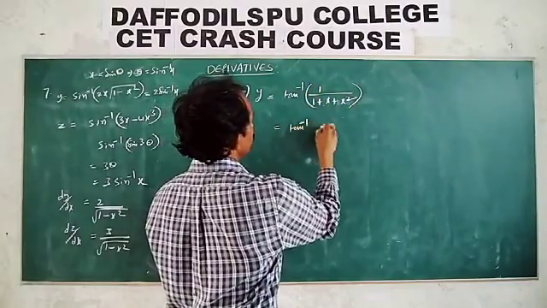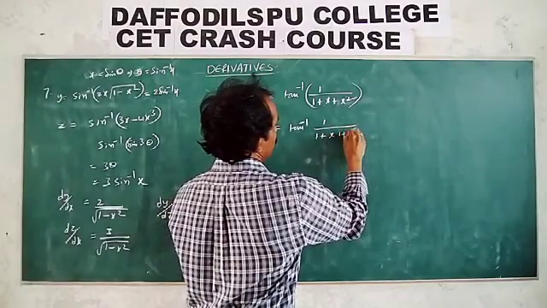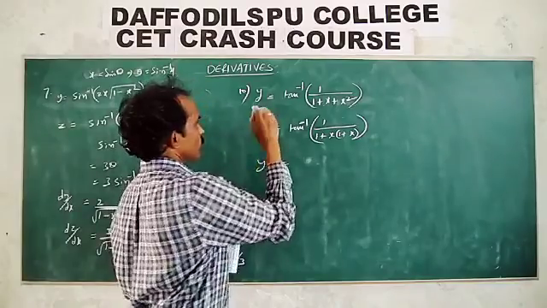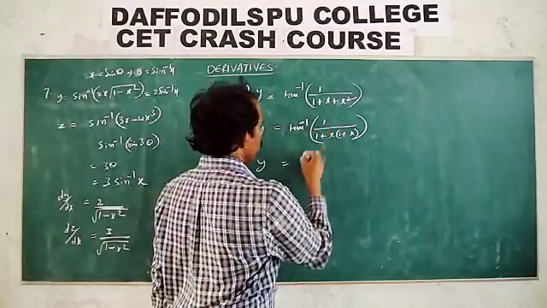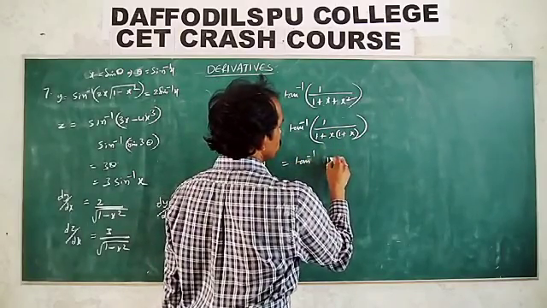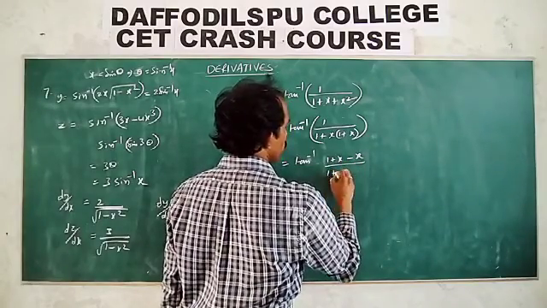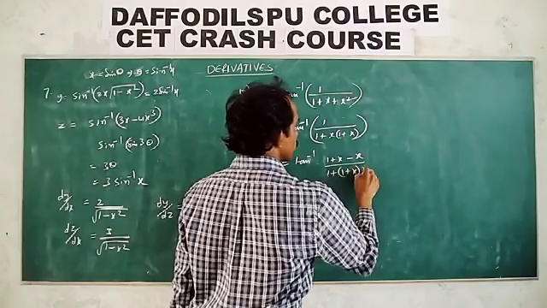This value I can write as 1 by, taking 1 plus x common, (1 plus x) minus x divided by 1 plus x into x.